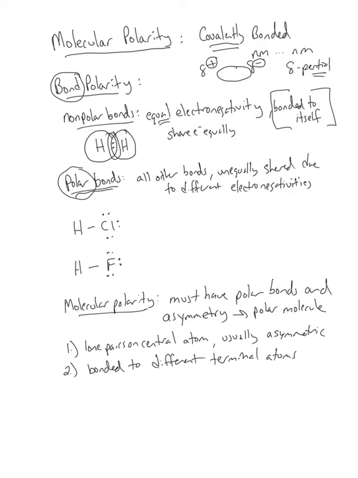Because if it's two different elements forming a covalent bond, they are going to share unequally because every atom has a different electronegativity. Now, there's different disparities. Now, I've seen before on the national exam questions like, which bond is more polar? Well, again, you have to remember which element is the most electronegative.